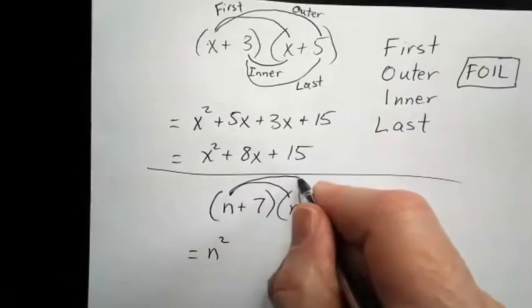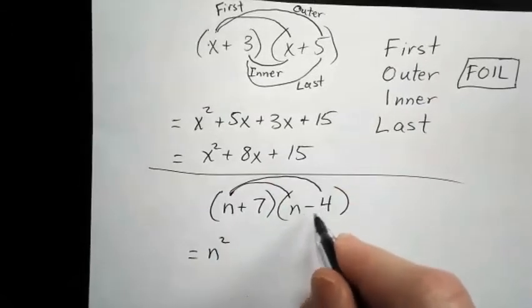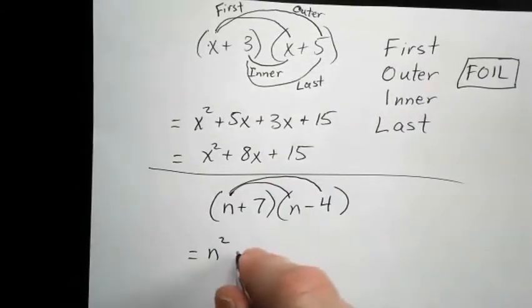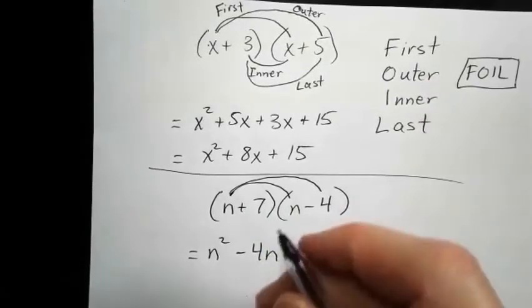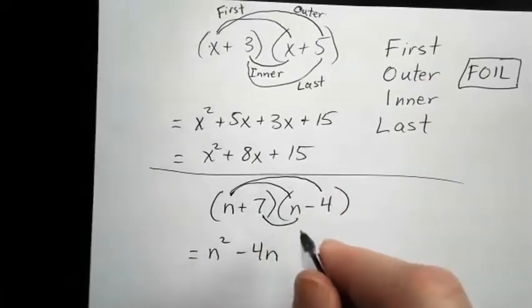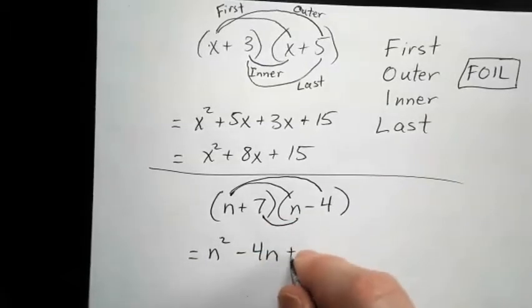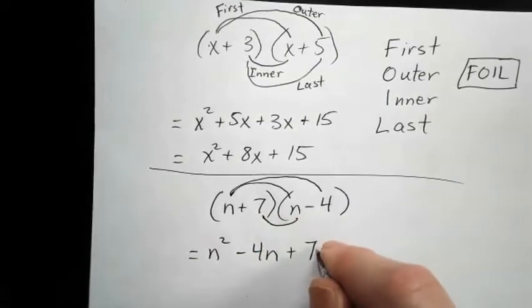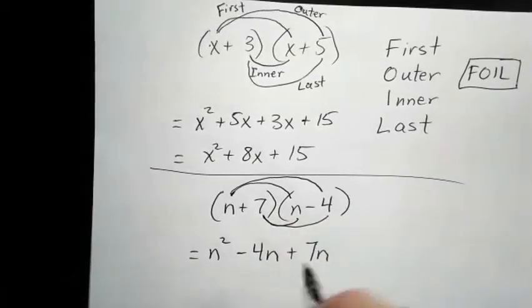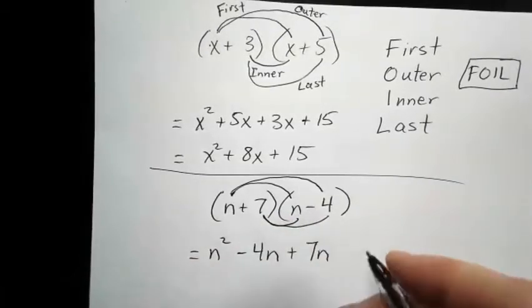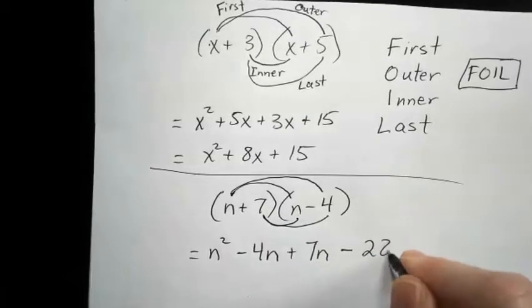Outer, n times, now I've got to look at this as a negative 4. So n times negative 4 is just negative 4n. Next, inner, 7 times n. That's positive. Positive 7 times n is plus 7n. And then the last numbers, 7 and negative 4. Positive 7 times negative 4 is negative 28.